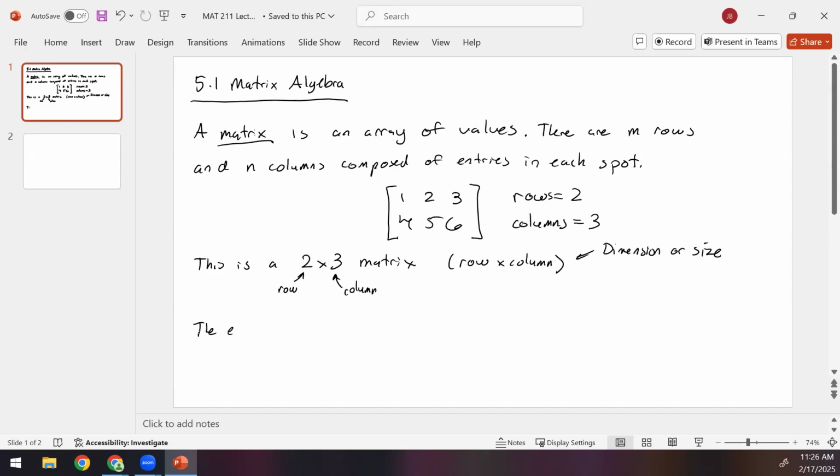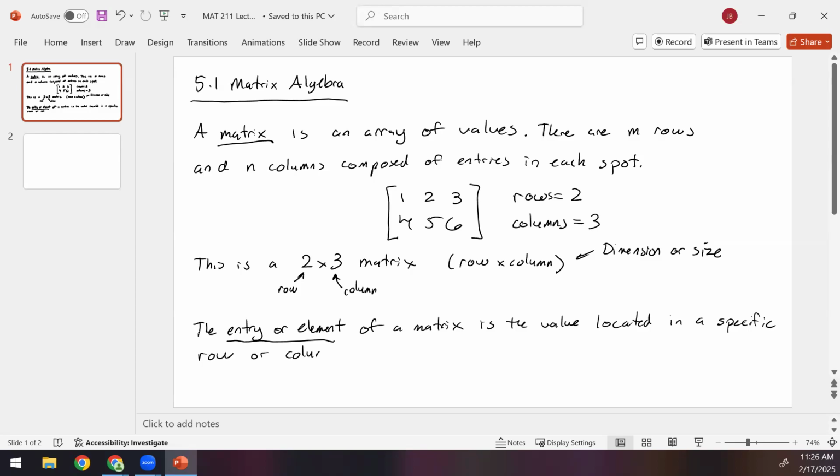So the entry or element of a matrix is the value located in a specific row or column, denoted as, and depending on the textbook, they use different letters, something like a_ij, which means entry at row i and column j.